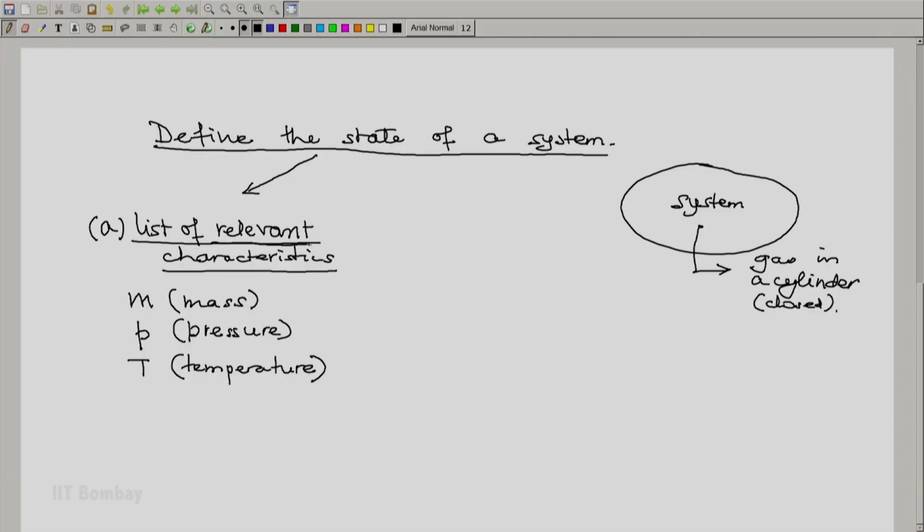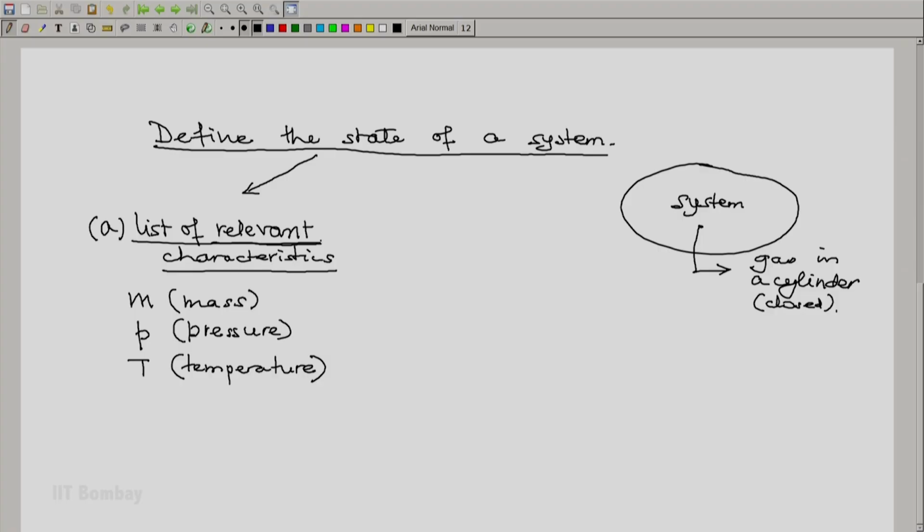The word relevant is important, and it is only experience which tells us what is relevant or not. For example, if this is a rigid cylinder and if there are going to be no significant variations in temperature and pressure, we will say that the volume is unlikely to change, and hence volume may not be listed as a relevant characteristic in this particular case.